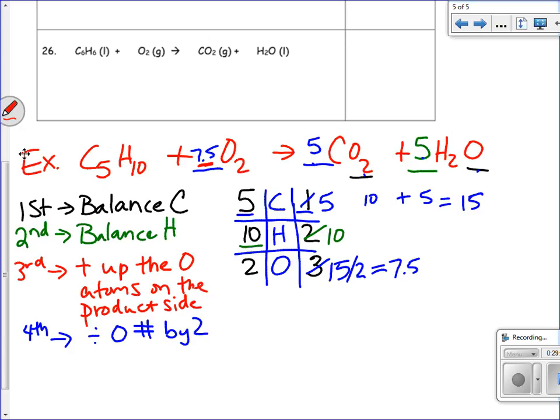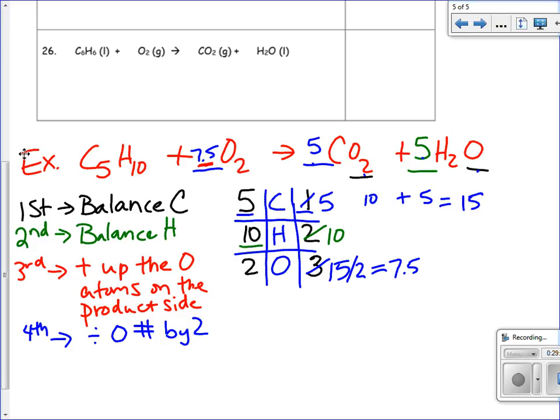Okay. Now, because we're not allowed to keep 0.5s in there, it's got to be a whole number. We are going to do kind of what we did in the empirical molecular formula cases where we got 0.5s. We will multiply until whole. So what can we multiply by 0.5 to make it a whole number? 2.